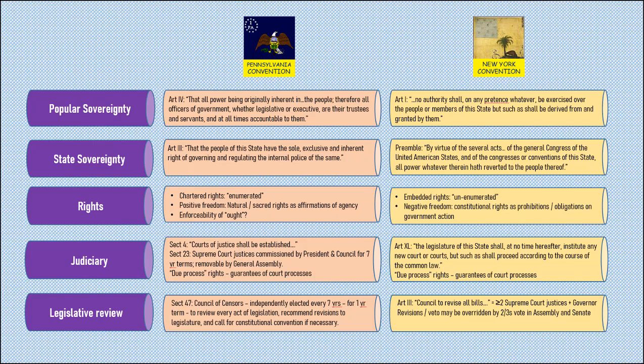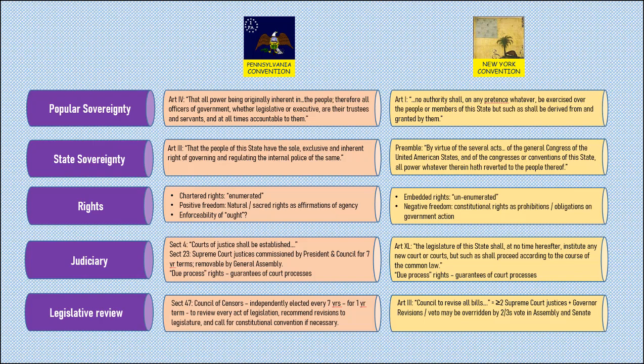So one question we could ask as we turn now to look at the New York Constitution is, since the New York Constitution does not have a charter of rights, the rights are not listed in a separate place, do Pennsylvanians have more rights than New Yorkers because their rights are chartered or listed?